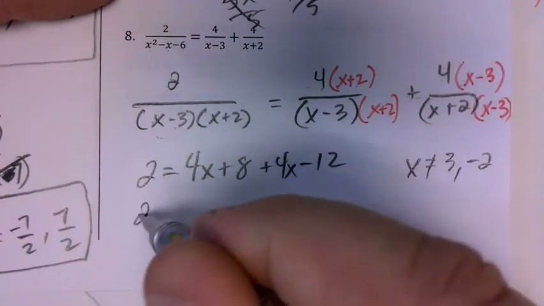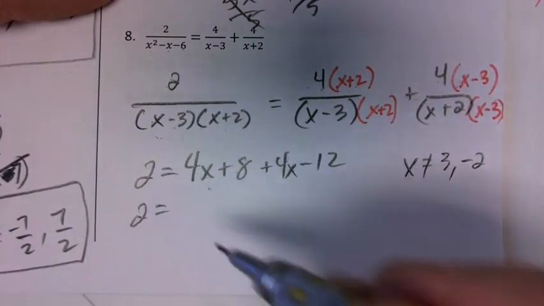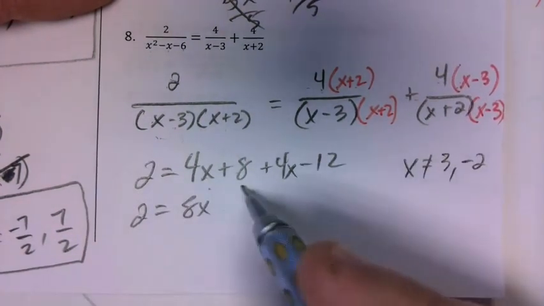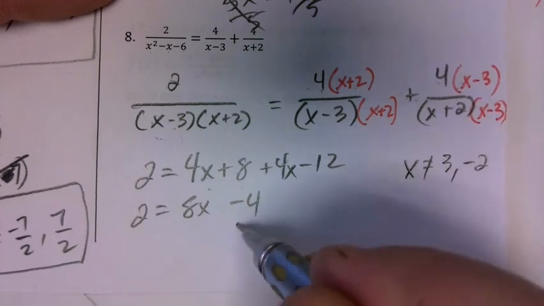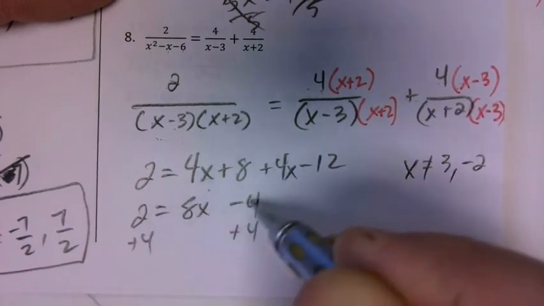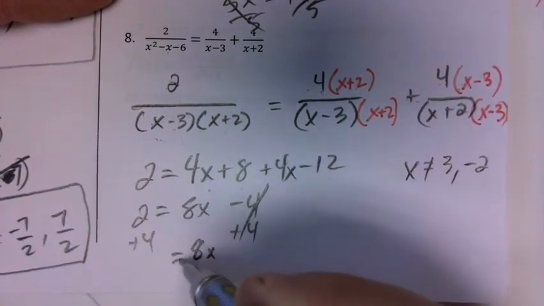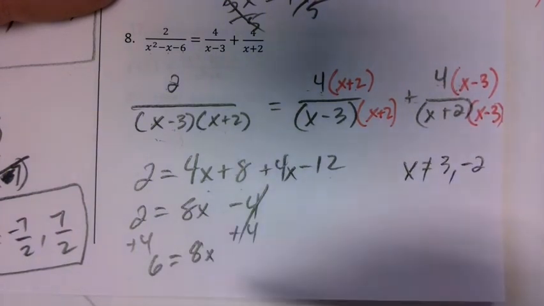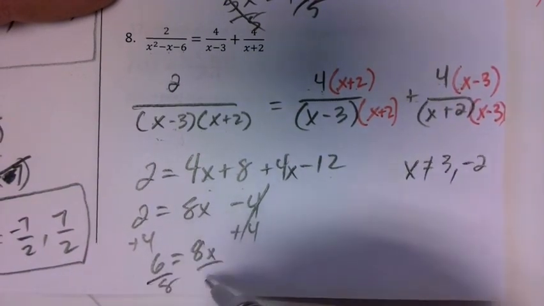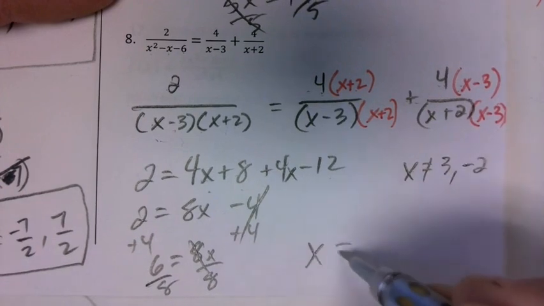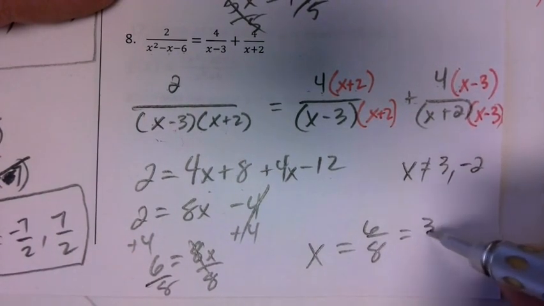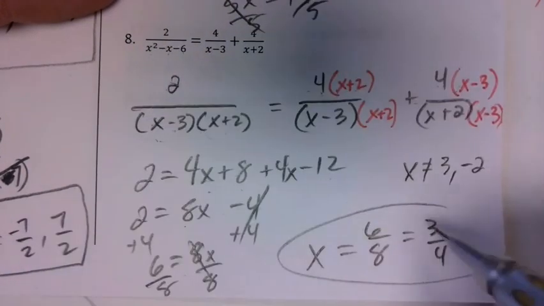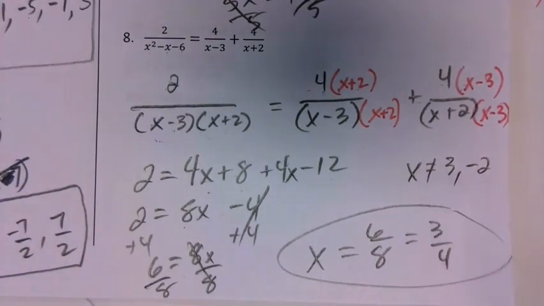Perfect. So I've got 2 equals 4x plus 4x is 8x. 8 minus 12 is negative 4. Cool. If I add 4 to each side, I get 8x equals 6. Then if I divide by 8, I get x equals 6/8, which is the same as 3/4. That's not on my list of restrictions, so that's good.